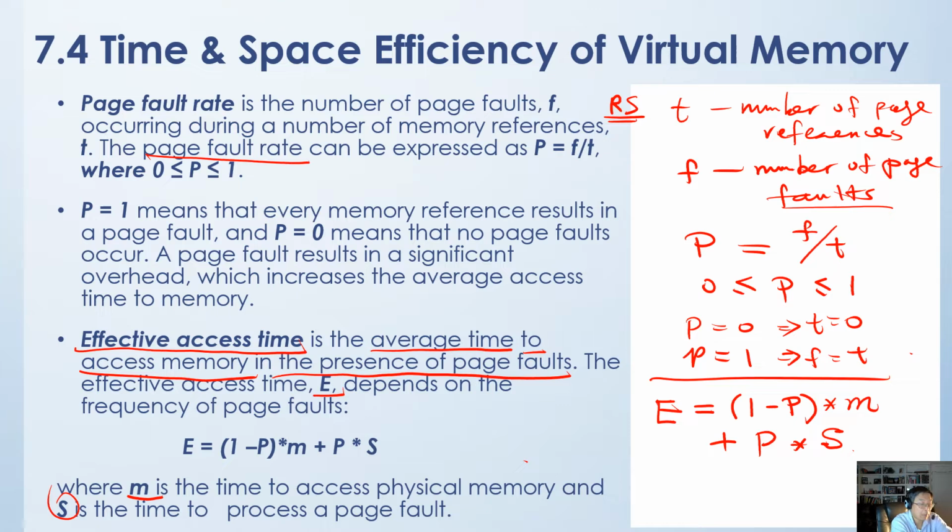Now, when a page fault happens, the time is going to be much longer. That means the page we try to execute is not in the physical memory. It is actually in the virtual memory space, which is in the hard disk space. So you have to copy that page from the virtual memory space on the hard disk into the physical memory.